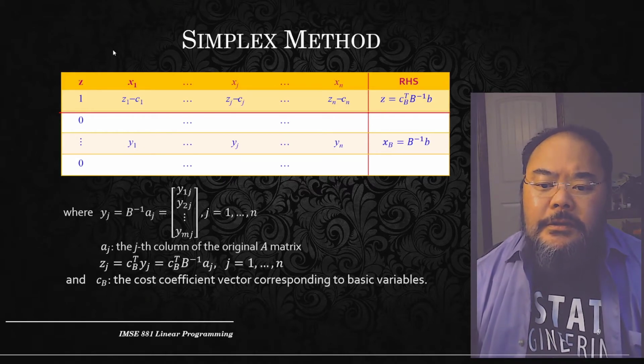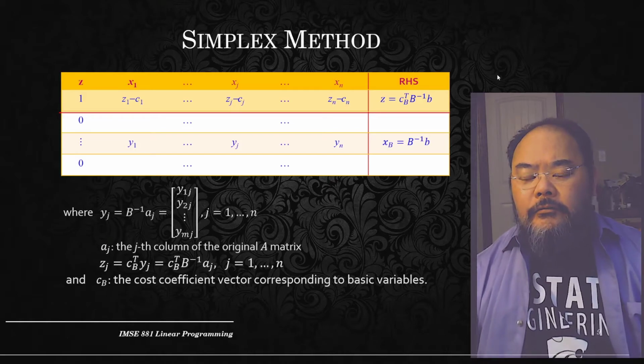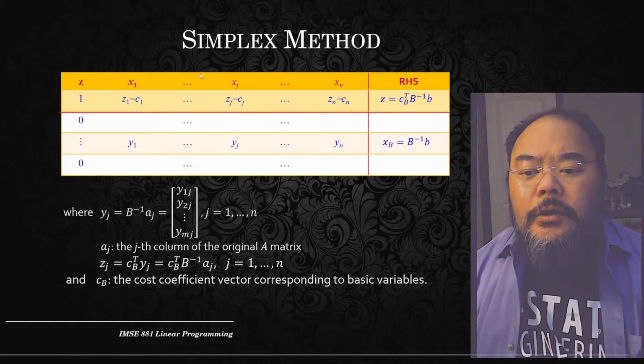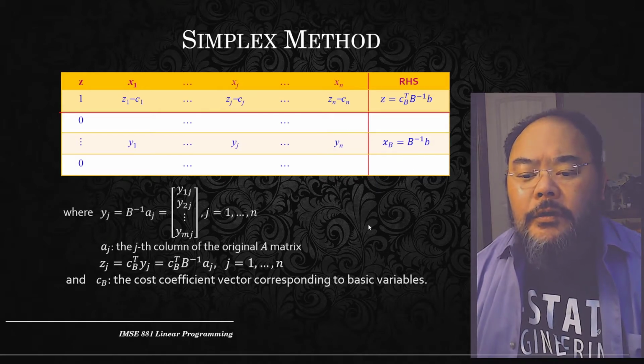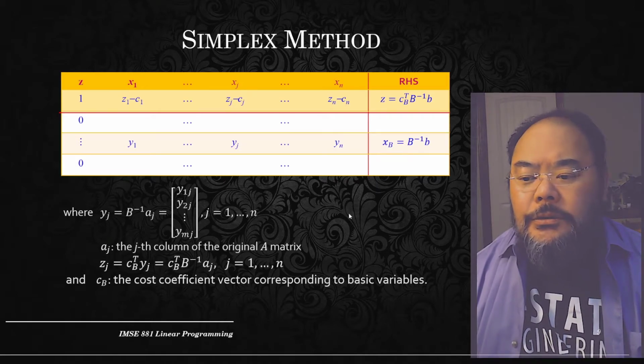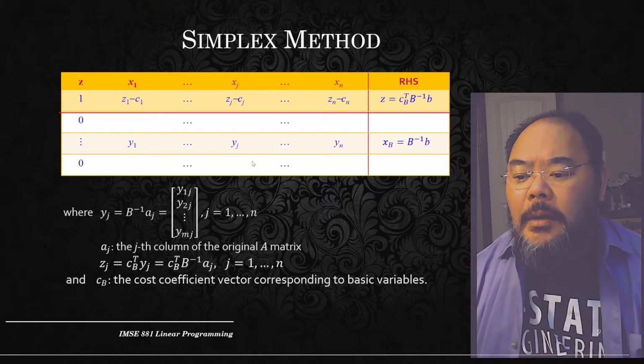So this is an important slide, and I want you to be able to visualize it. Later on, we're going to throw away the simplex tableau and calculate each one of those separately, but you need to remember where each of these numbers is on the simplex tableau.